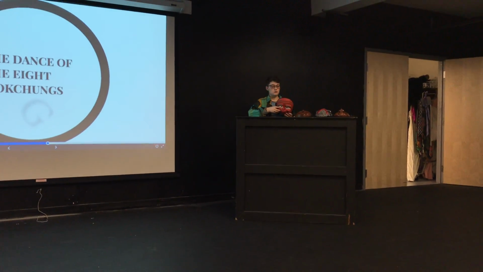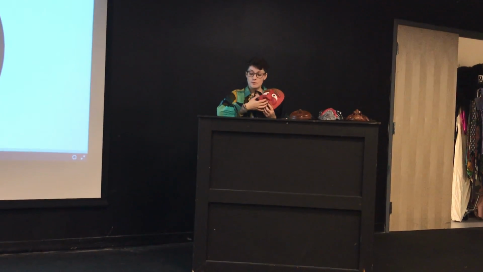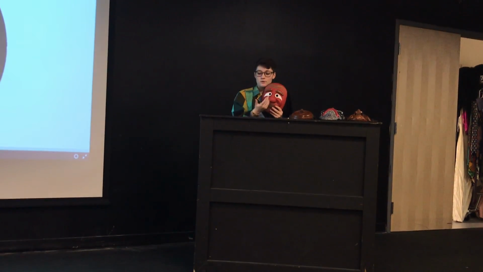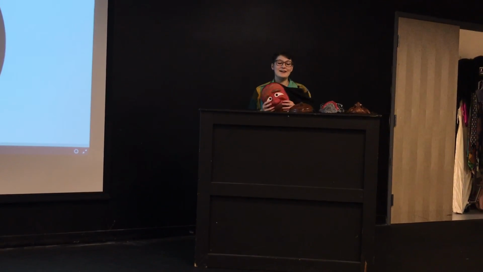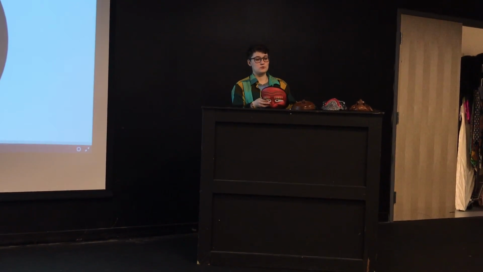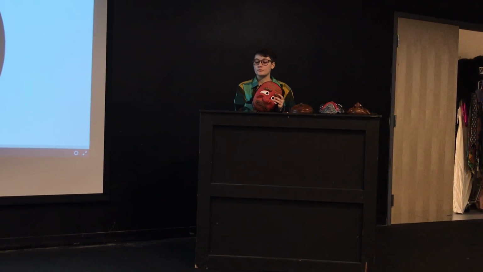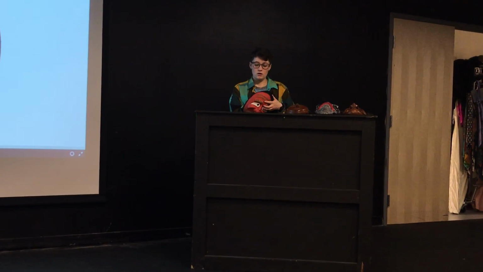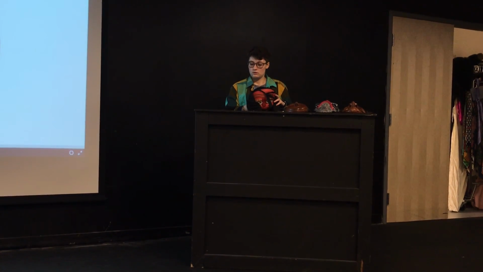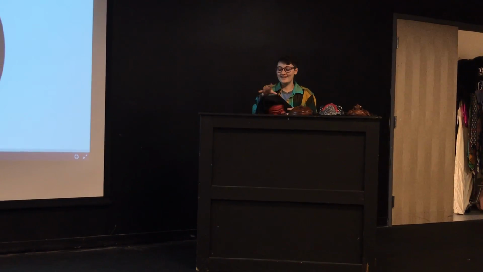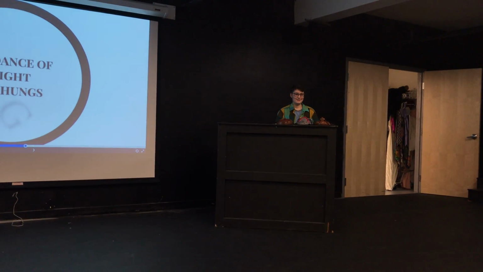Originally, the Monk Chun's mask would be orange with black spots and different features, but this is what we have, because I was able to borrow it from a teacher at my school. So I will be doing that presently.